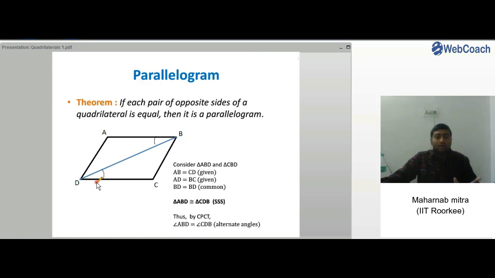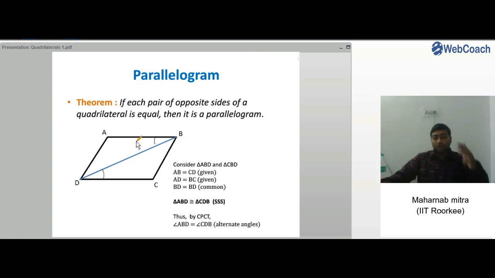If a transversal has alternate angles equal, the sides forming the angles with the transversal are parallel to each other, right?